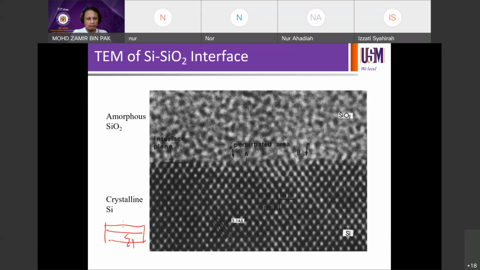Silicon and silicon dioxide is grown from silicon, consuming silicon. And silicon is, say, 100. Is 100 monocrystalline or polycrystalline? Anyone? If your wafer is 100, is it monocrystalline or polycrystalline?